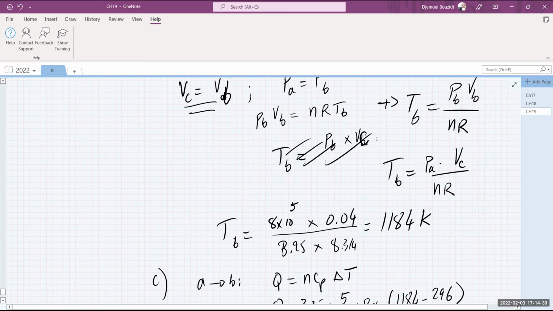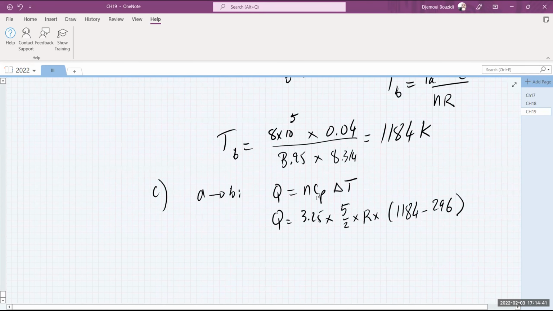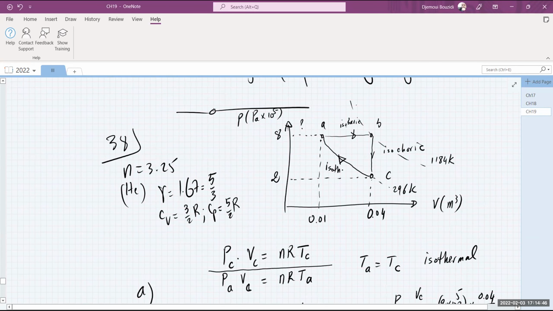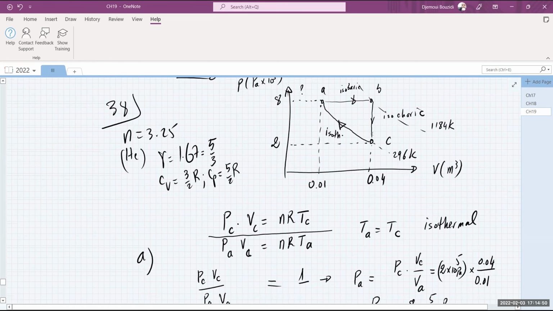And this process is at constant pressure. This is an isobaric process. So that's how much heat went in.